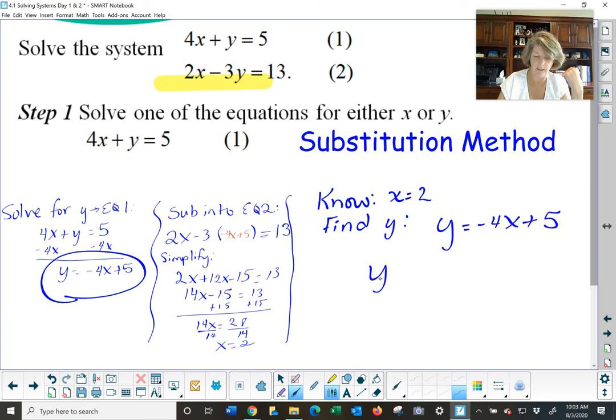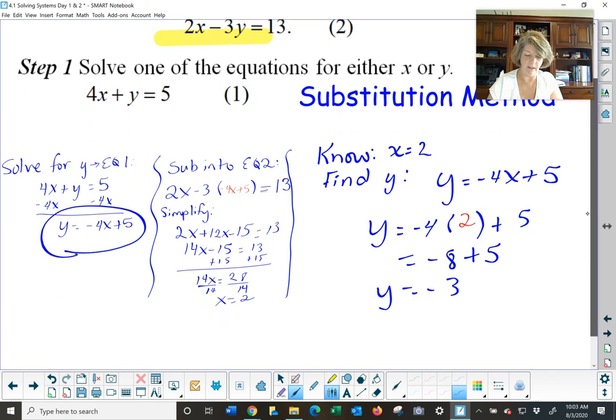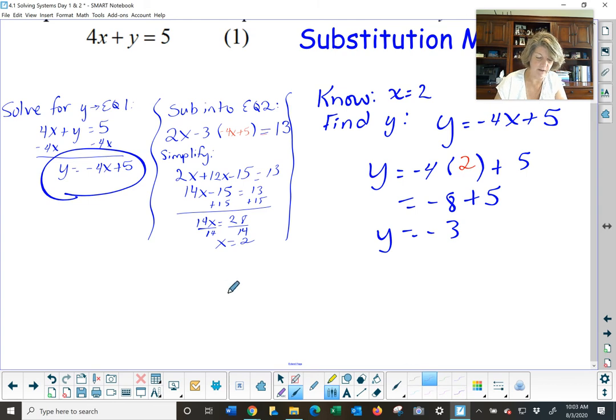Let's substitute in our 2. And it looks like we get negative 8 plus 5 equals negative 3. So y equals negative 3. And we throw this together to give the ordered pair. Our solution is, I lost track, 2, negative 3.